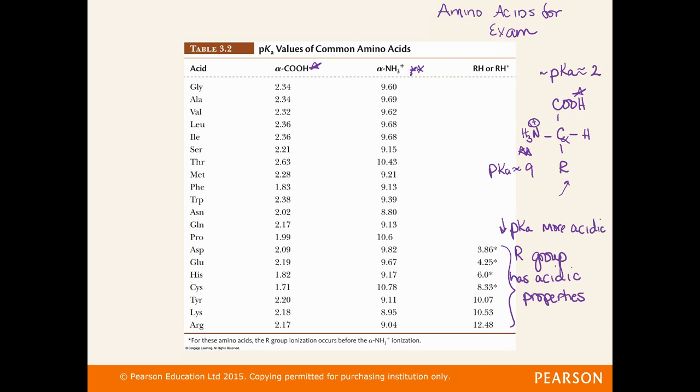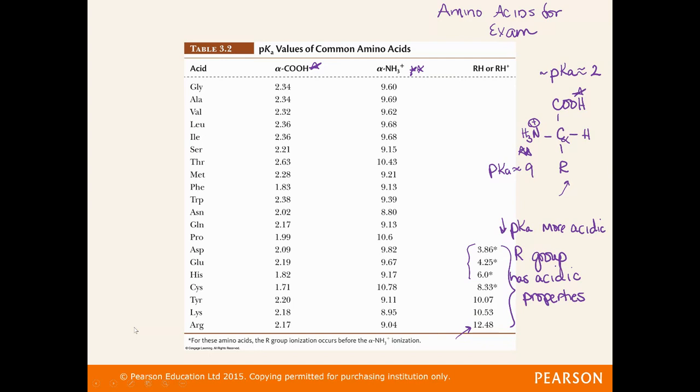So these first 3 really seem like weak acids, but look up here, like arginine at a pKa of 12.48. On paper, we could say that has acidic properties, but really that is a very high pKa, which means that it is very, very weakly acidic. Okay.